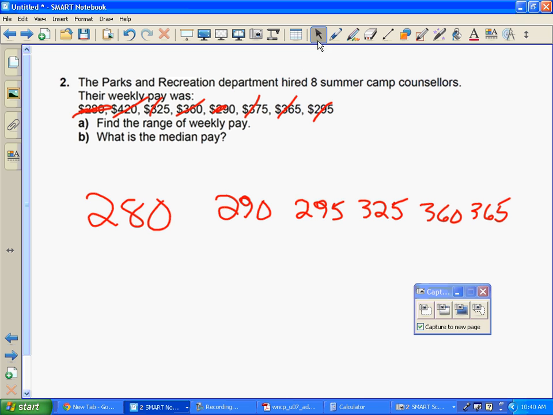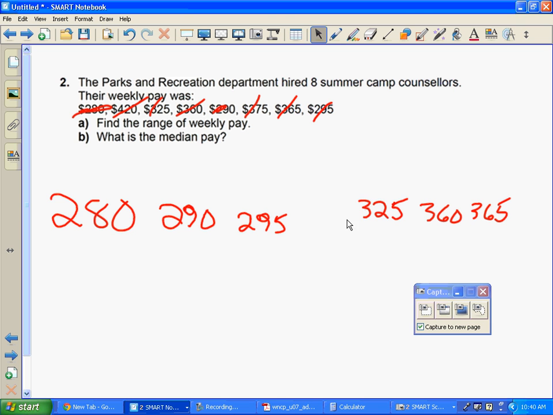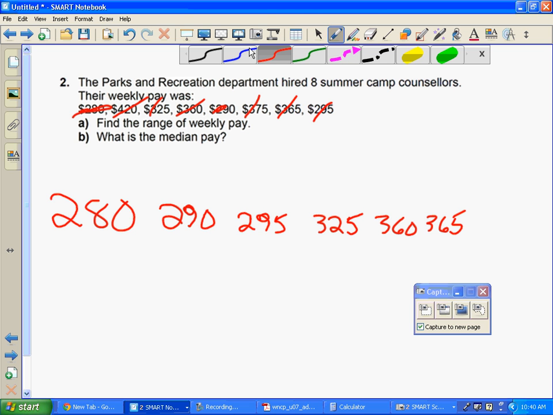So I'm going to have to move these over a little bit. So basically all I did, I put them in order from least to greatest. I could have went from greatest to least. It didn't really matter which way I went.